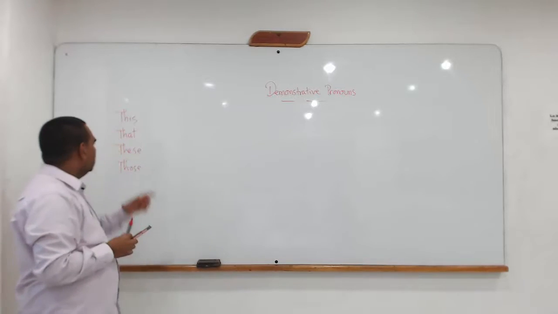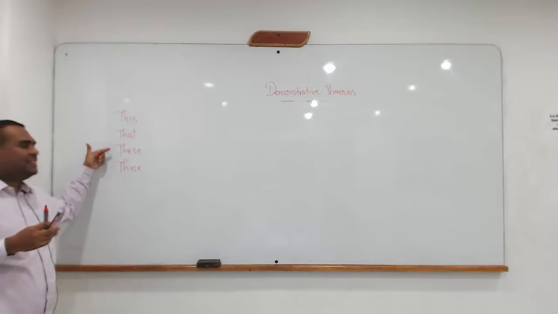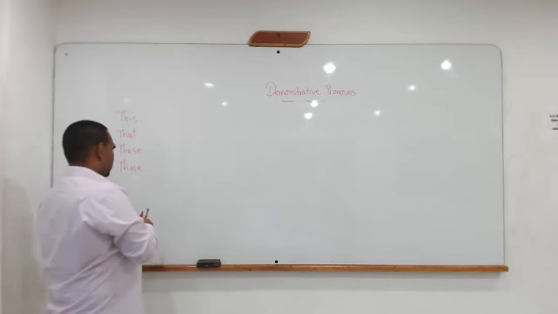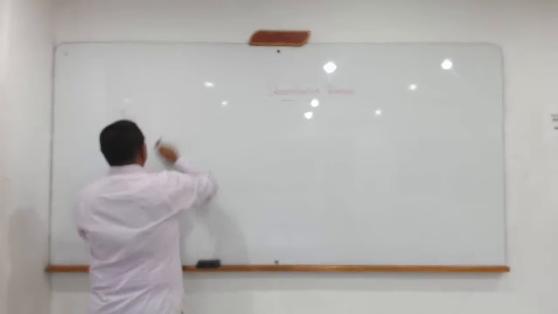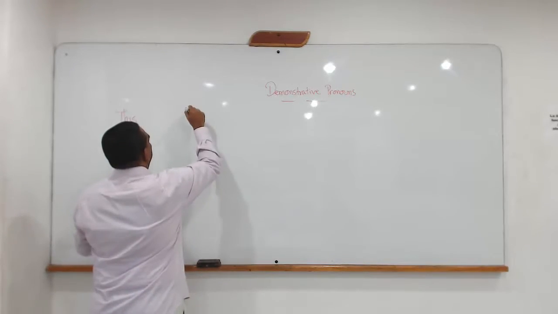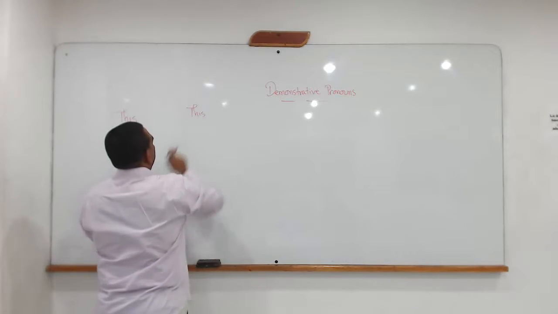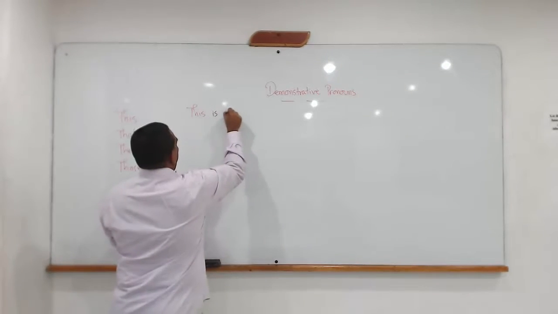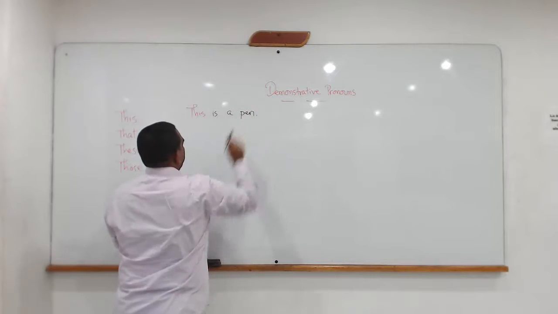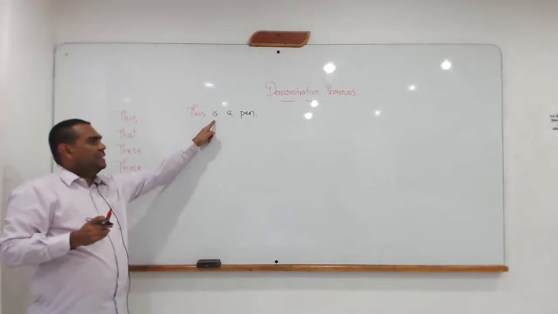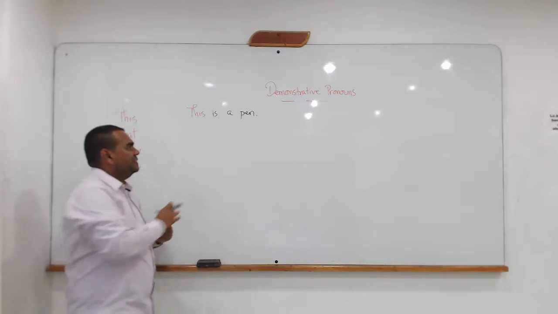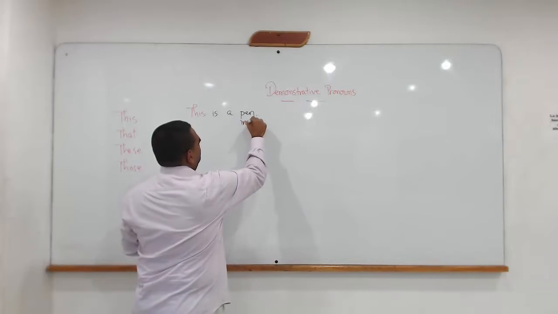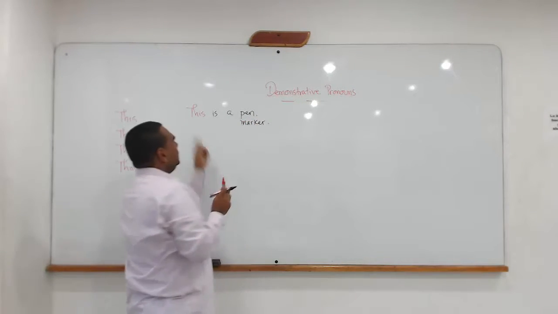Look, this, that, these, and those. Look at this. This is a pen. This is a marker, right?